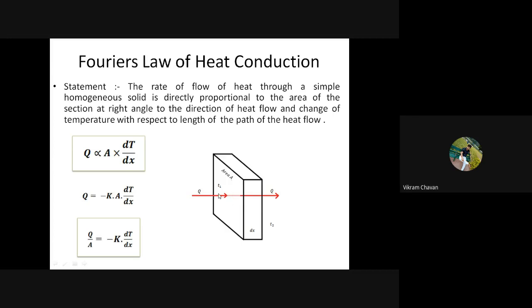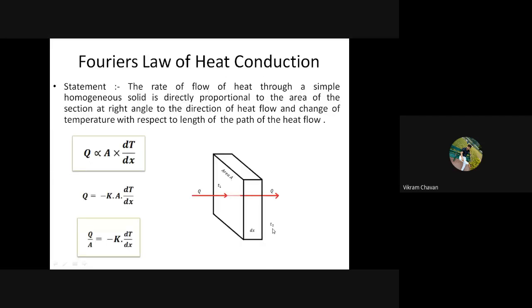And we are considering that this front side surface is maintained at a T1 temperature, whereas a similar kind of surface is on the opposite side, and the opposite side surface is having T2 temperature.